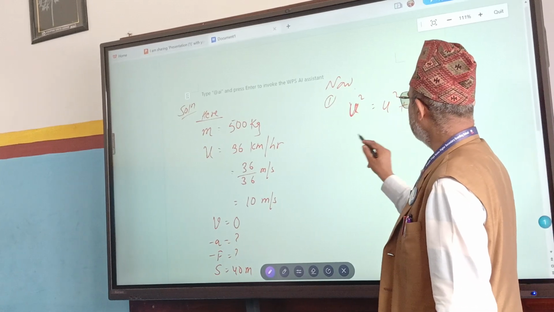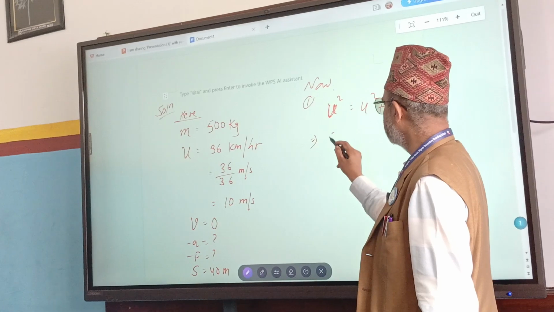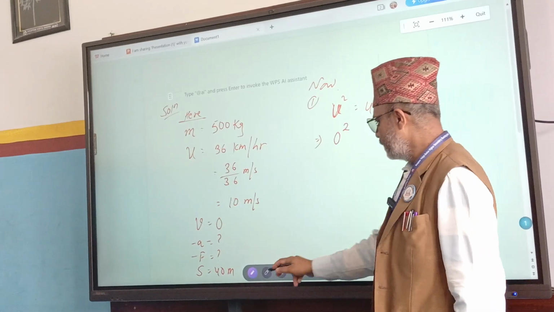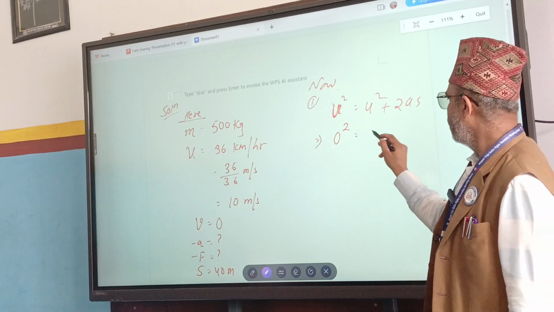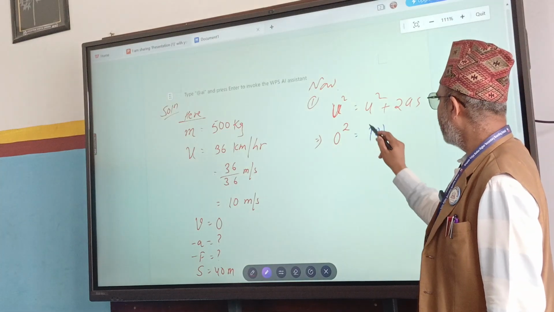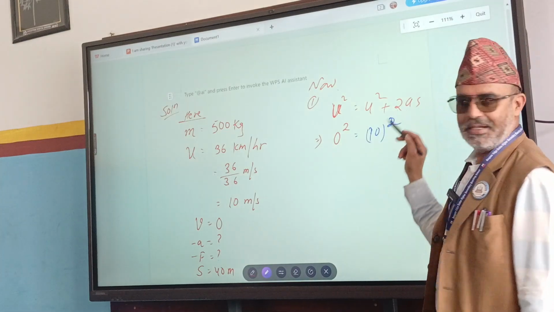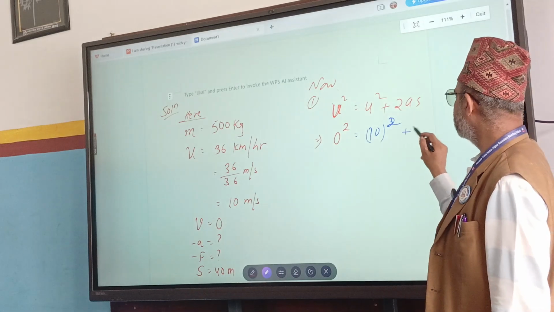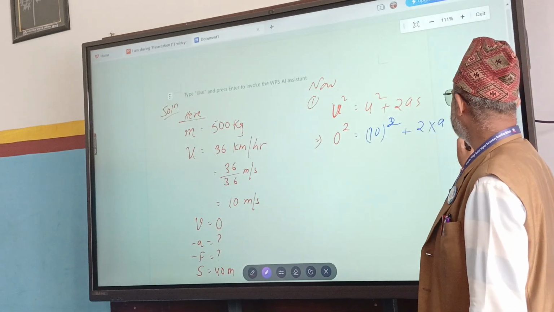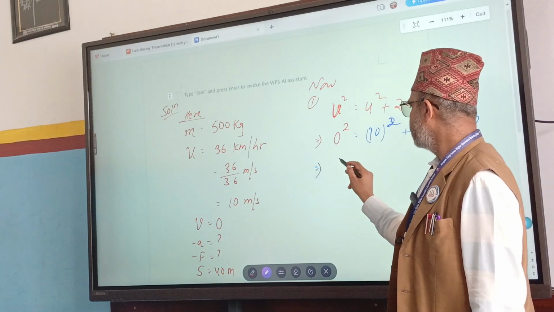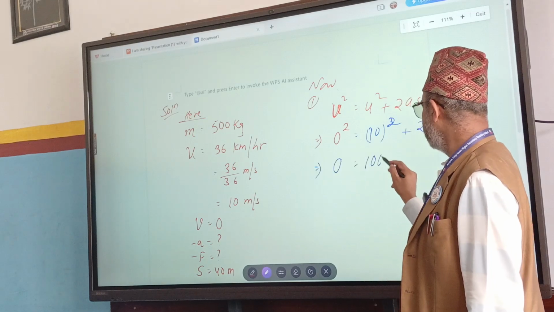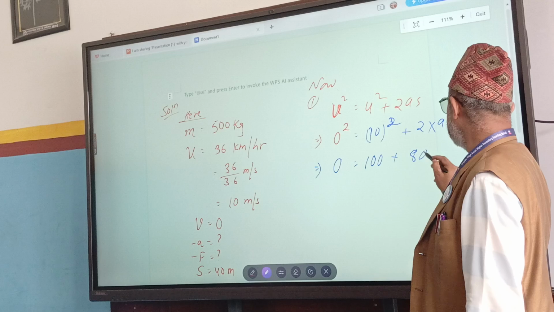V square is how much? 0 square equals to U square is 10 square plus 2 times A times 40. 0 equals to 100 plus 80A.